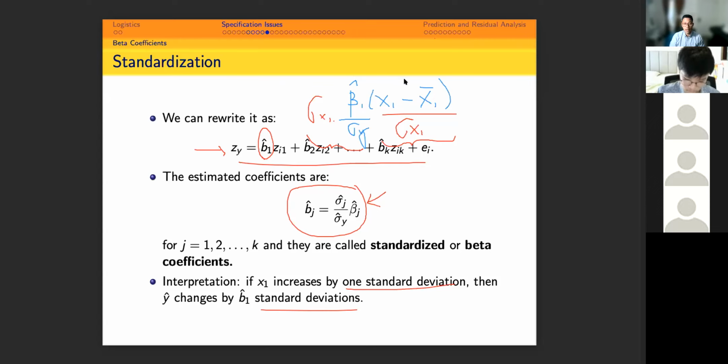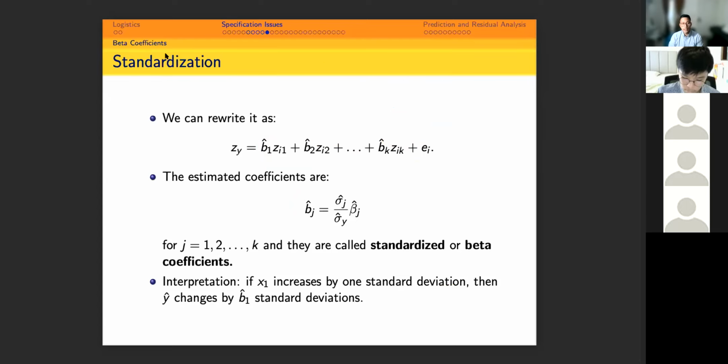Before I move to the next topic, I'm going to provide you with an illustration of beta coefficient regression, standardized regression in Stata.